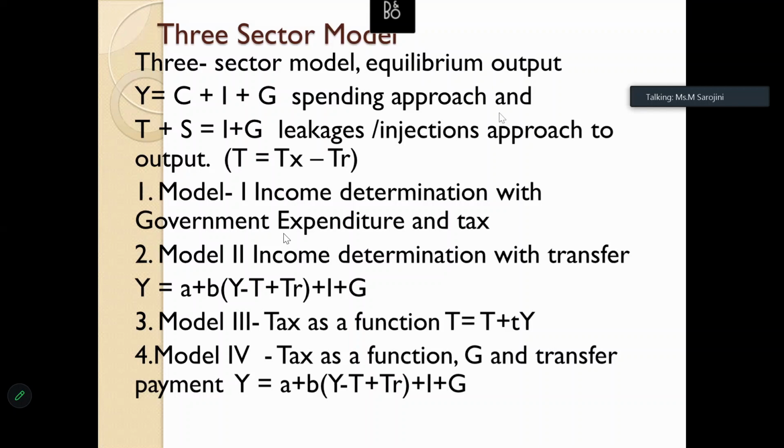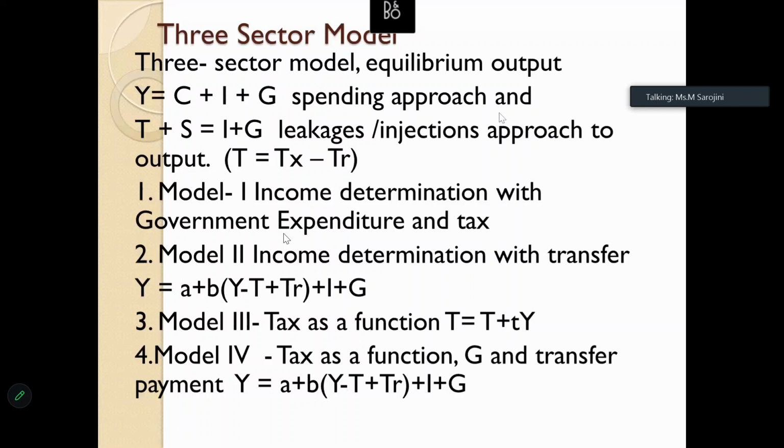And model 5, the last model, explains taxes as a function, government expenses, and transfer payment. That is the comprehensive model of the three-sector model, right? Are you clear with this one? Here I put 4 models, but we can divide this into 5. The first is income determination with government expenses.